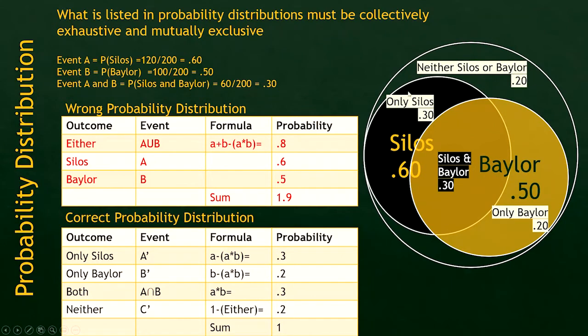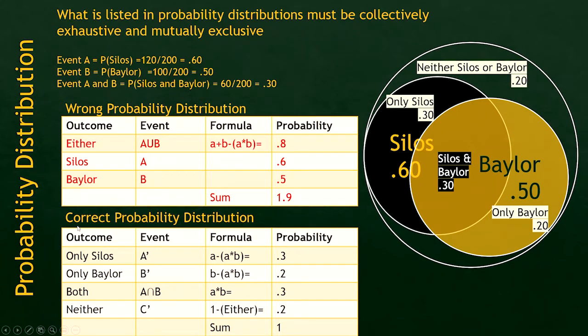That's the probability of them going to the silos or going to Baler. What's the probability of them going to the silos? 0.6. What's the probability of them going to Baler? That's 0.5, and so we've got 0.5 plus 0.6 plus 0.8, which gives you 0.9.